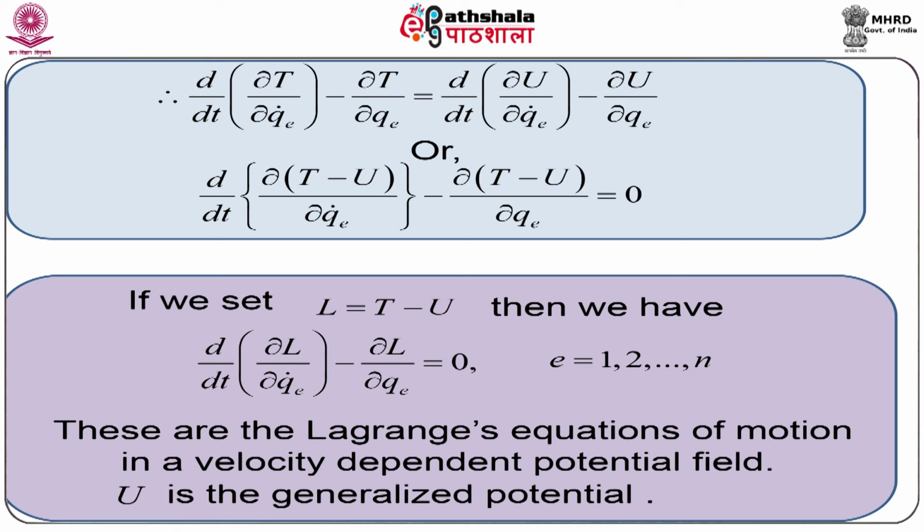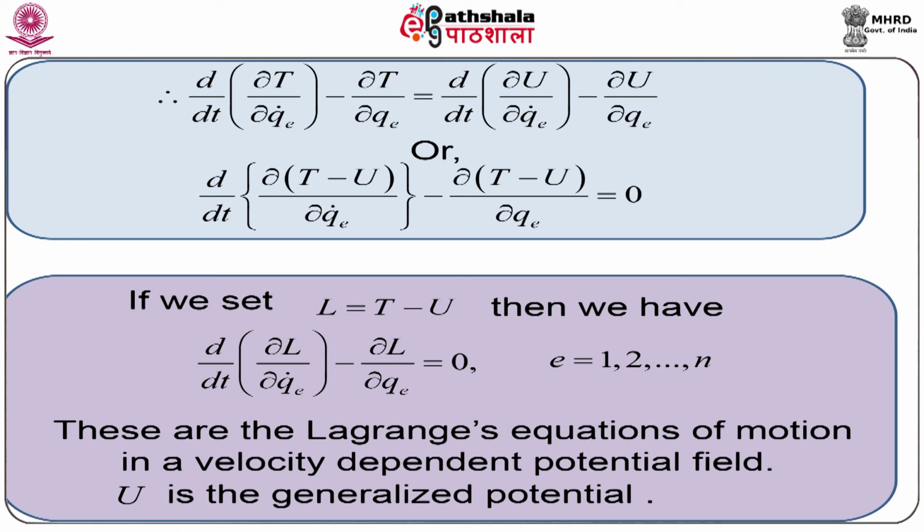If we set L equal to T minus U, that is L is the Lagrangian of the system, which is the difference between kinetic energy and potential function, then the above equation can be written like this. This equation is valid for j equal to 1, 2 up to small n.